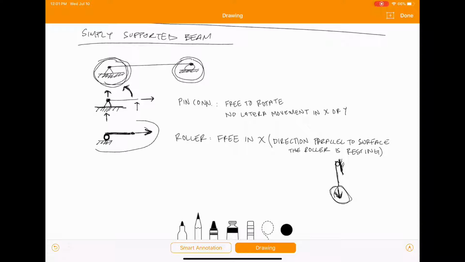All right, now coming back to here, if we push up on it from down here, this roller is going to hold it down. So there is going to be no movement in this direction. So no lateral movement in Y, or direction perpendicular to the surface.